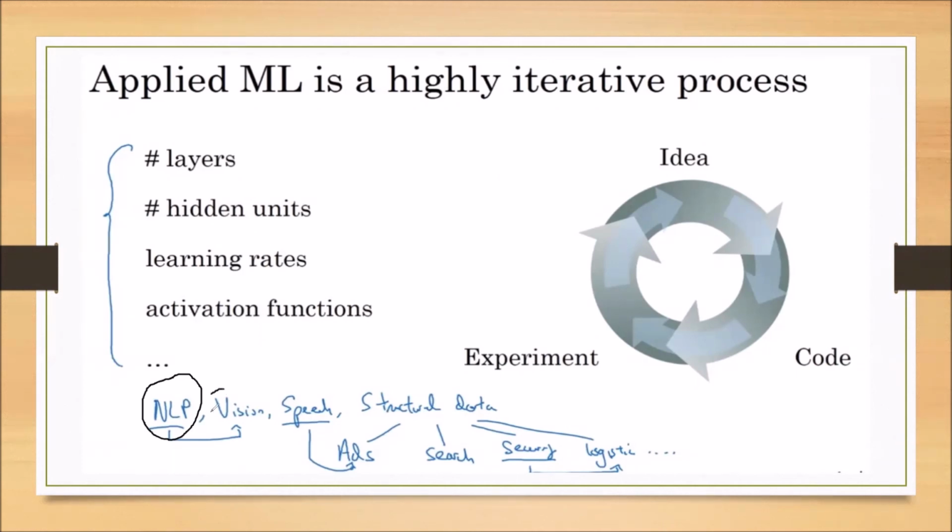You can think of computer vision, speech recognition, and structural data like advertisements and searching, computer security, and logistic applications. These are some applications where we are using deep learning techniques nowadays.